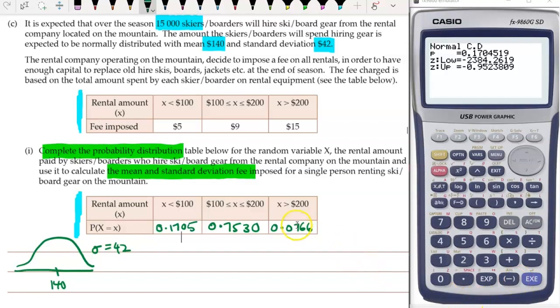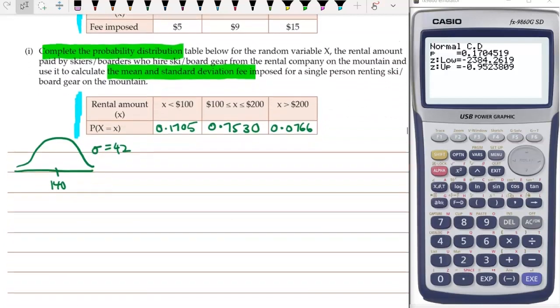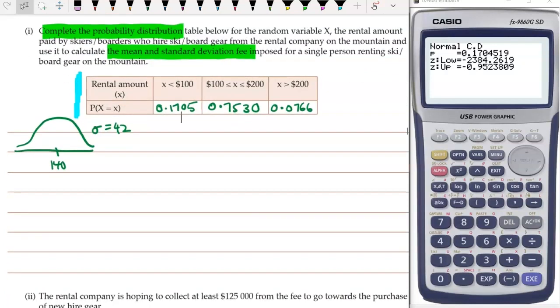And since our upper limit included a ridiculously large number, like you're not going to spend $99,000 on hiring gear, then we should probably include the mathematical limit at the bottom end too. Okay, if you don't though, I still believe both ways would be accepted.